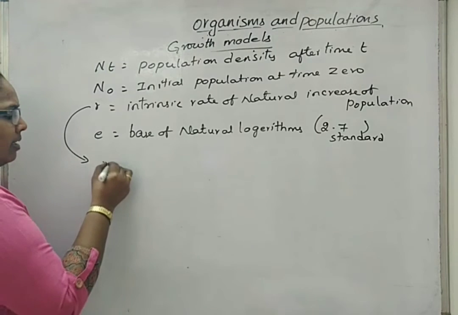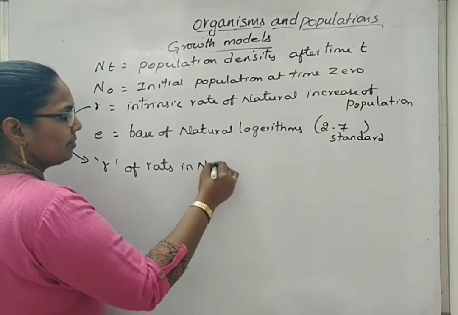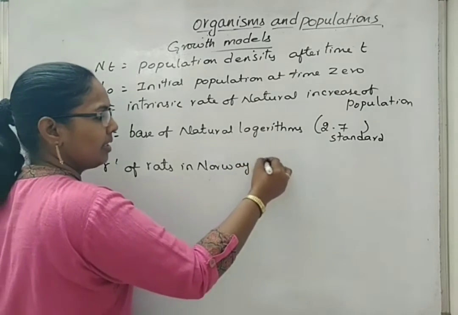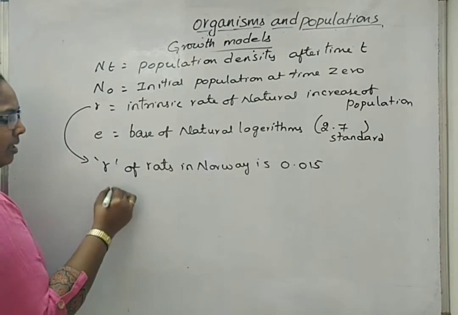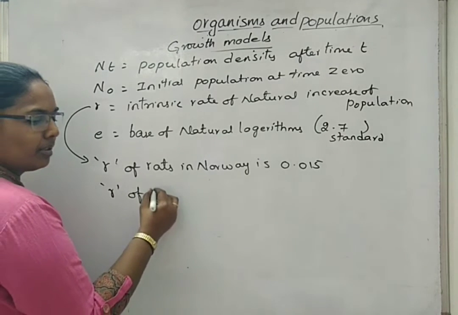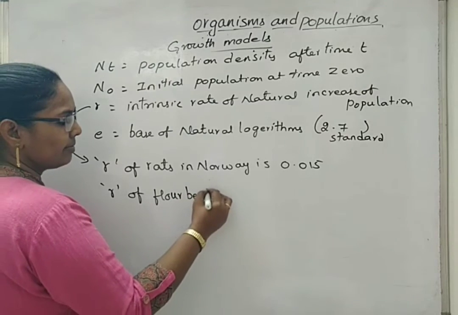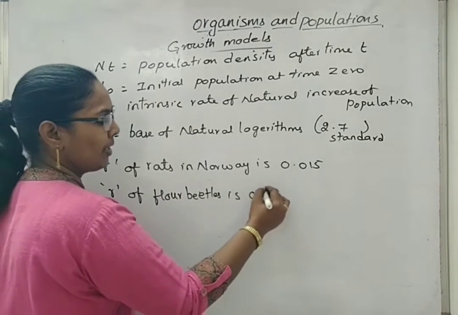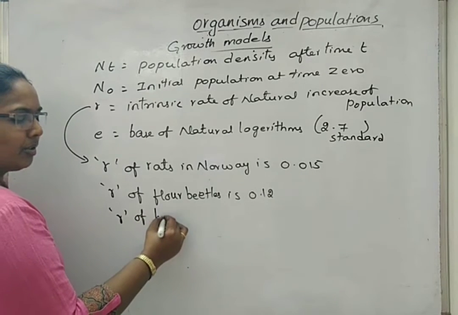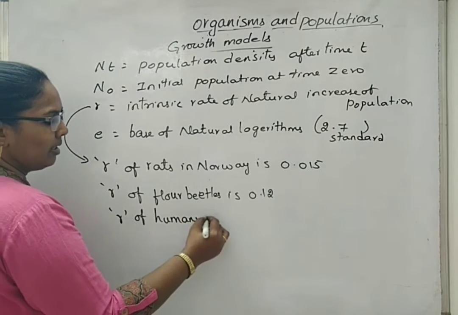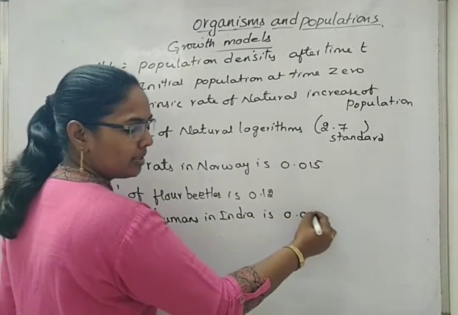We can take r of rats in Norway as 0.015. r of flour beetles is 0.12. The r value of humans in India is 0.02.